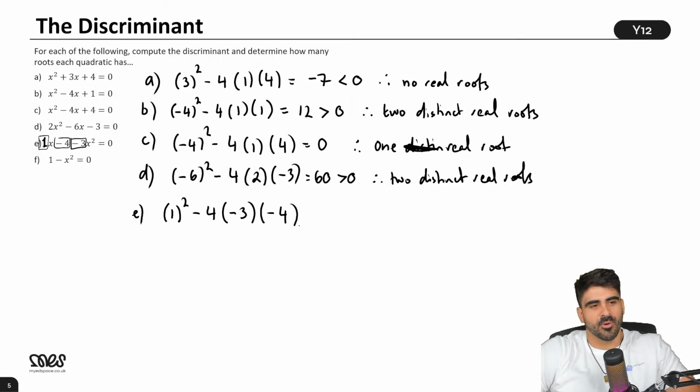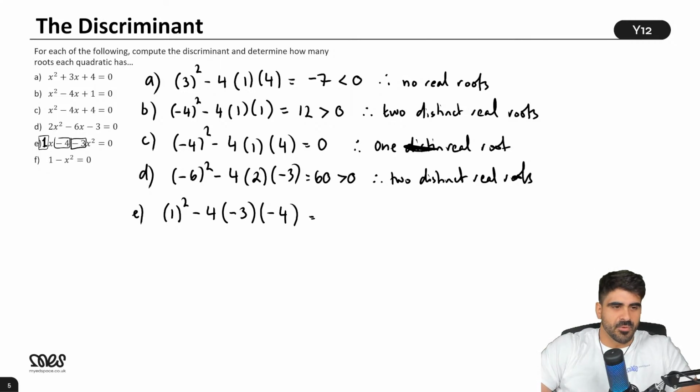So just be careful with the order here. Yeah? Alright, what's that? 1 minus, the triple negative becomes minus 48, say a minus 47. Which is less than 0, therefore no real roots.